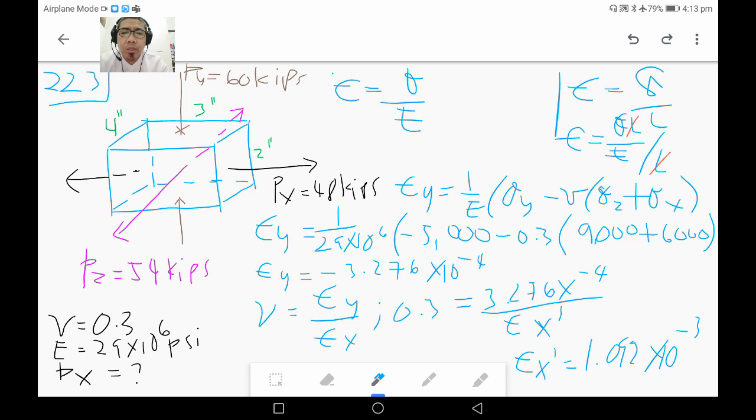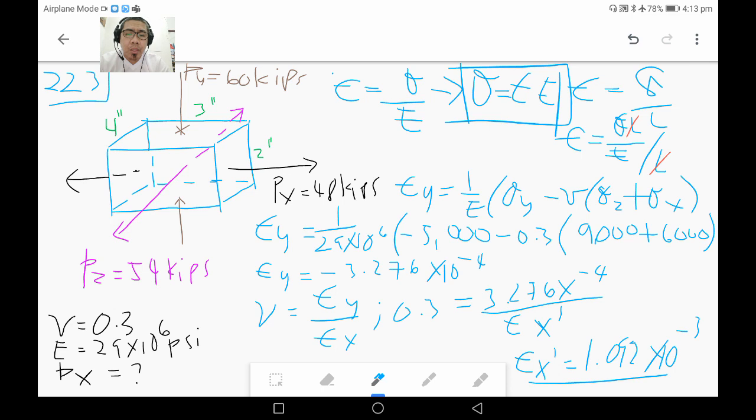So, therefore, stress is epsilon times E. Epsilon times E. No? So, since meron na tayo nito, pag minultiply natin yan sa E, makuha natin yung stress. Okay? Makuha natin yung stress kasi ito yung formula natin eh.